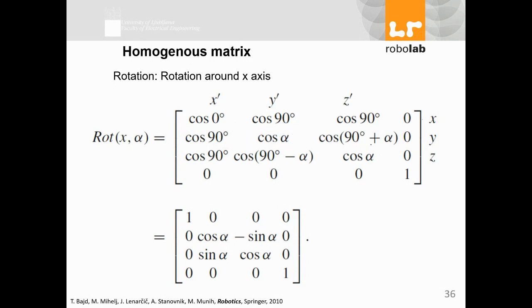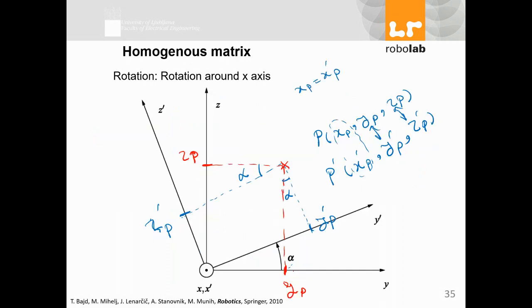Now this one, what is the angle between your y before rotation and z after rotation? Look at this. What is the angle between y before rotation, this one, and your z after rotation, this one?